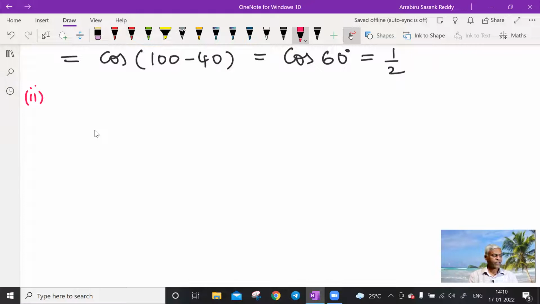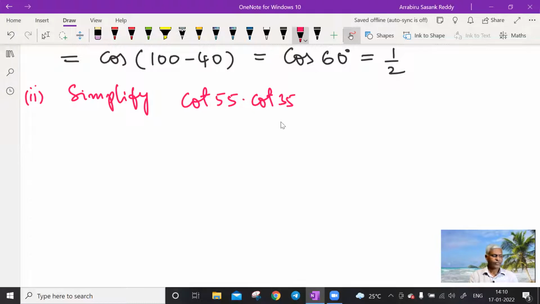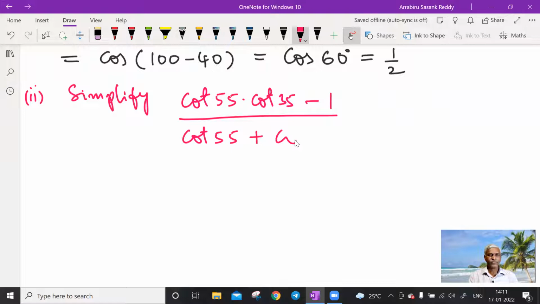Simplify cot 55 into cot 35 minus 1, divided by cot 55 plus cot 35.